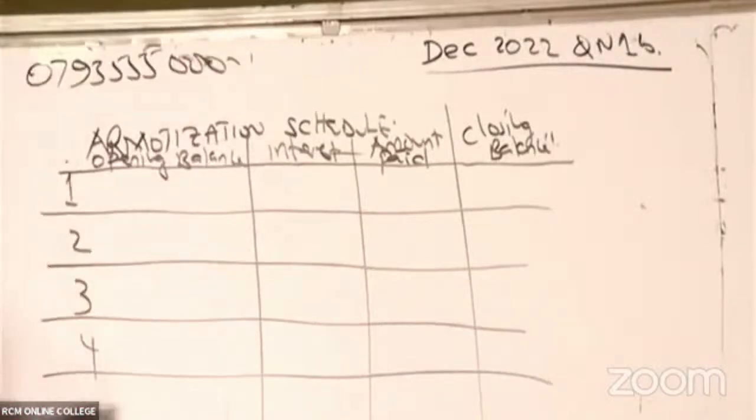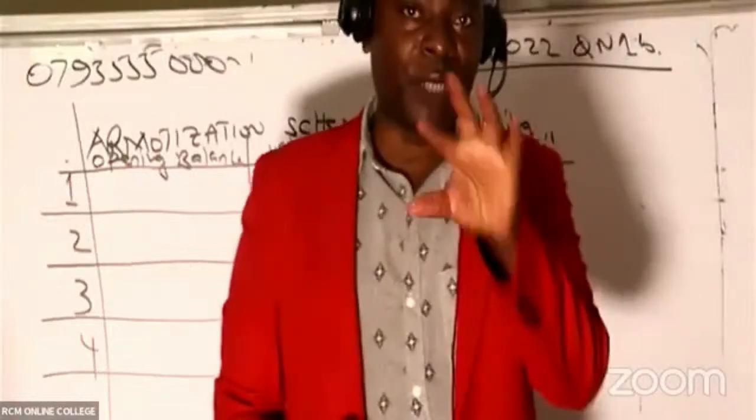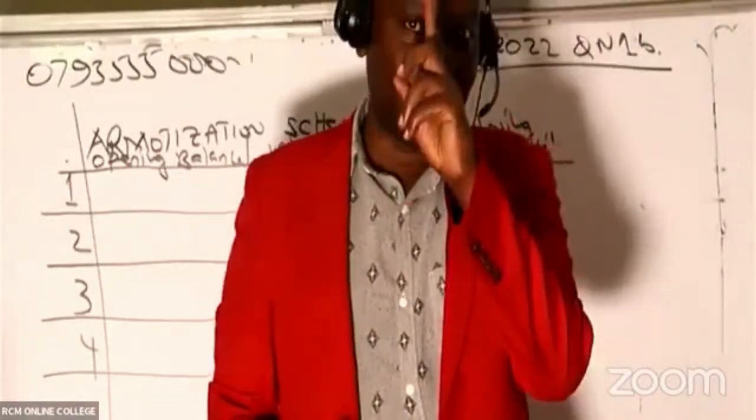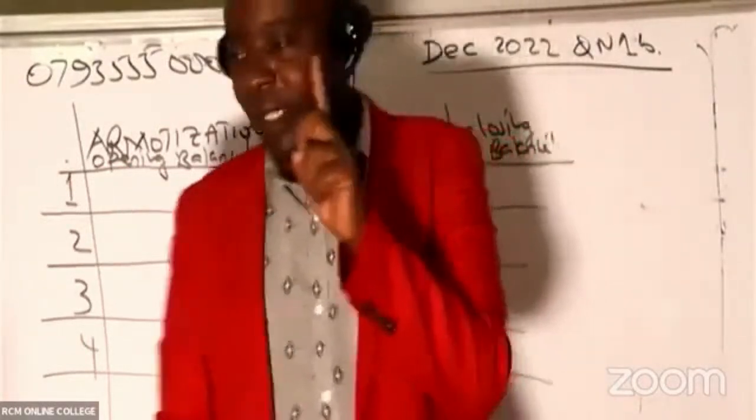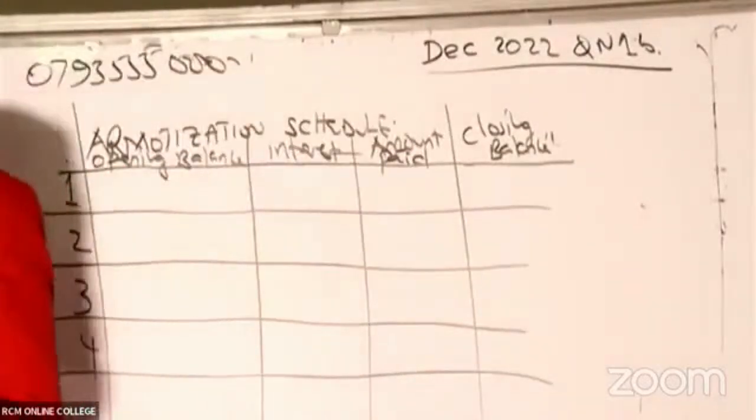Is there anybody who is able to tell us what the opening balance is? It will be the present value of the cash flows that you ascertained up there, the lease investment, which somebody had already given me the value.